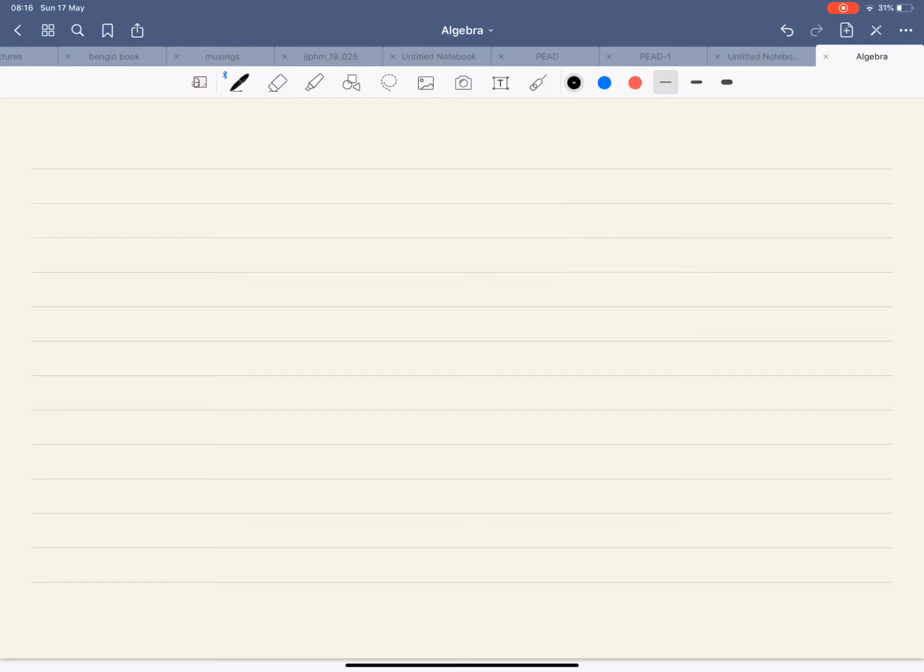Okay, let's do another example. This is going to be oral exercise 23. So 23 asks us to solve 3 less than z less than 3, where z is a positive integer.